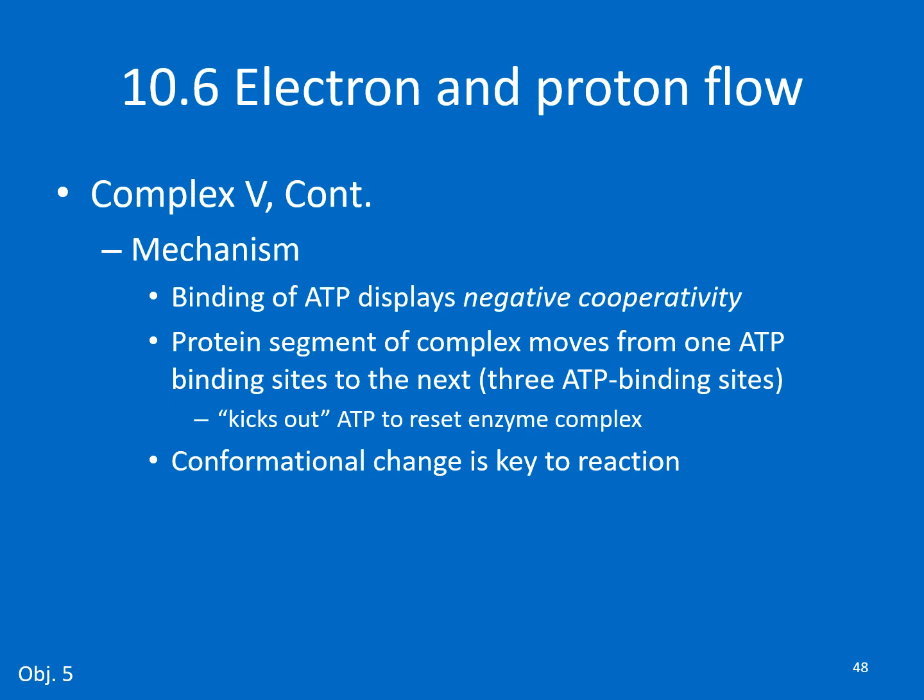As it spins, it literally kicks out an ATP in order to reset that enzyme complex. So this is kind of neat. We're including a bunch of physical processes into this chemical reaction to generate ATP. So this particular conformational change where we kick out ATP resets the enzyme, and it's key to making the reaction proceed.